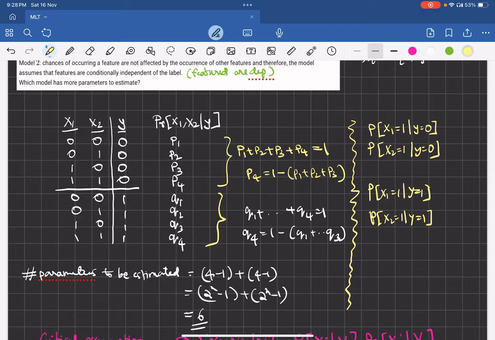Now, let me name these probabilities as P11, P21. So this should be Q11 and this is Q21, right? Okay, let me erase this part.